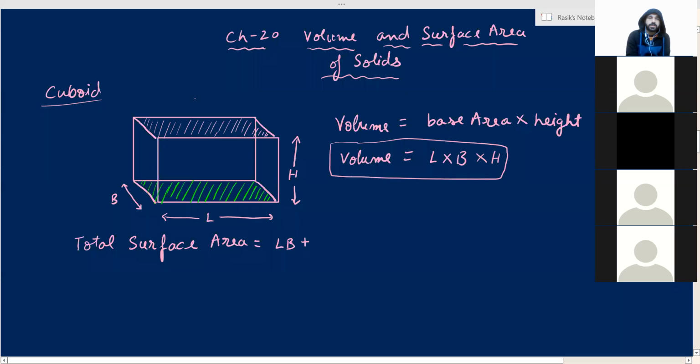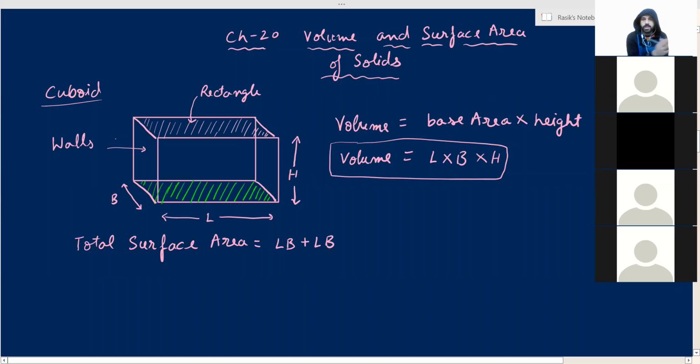Same is the top of the rectangle. This is also a rectangle which has the same area. So this top is also a rectangle which has the same area, L into B, right? LB. Then the side walls of the cuboid. Front walls and side walls.